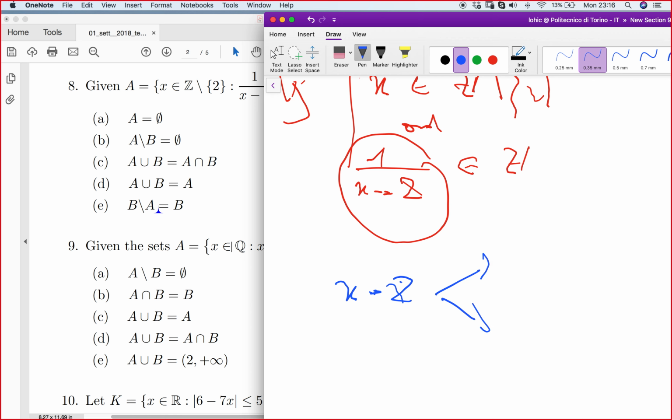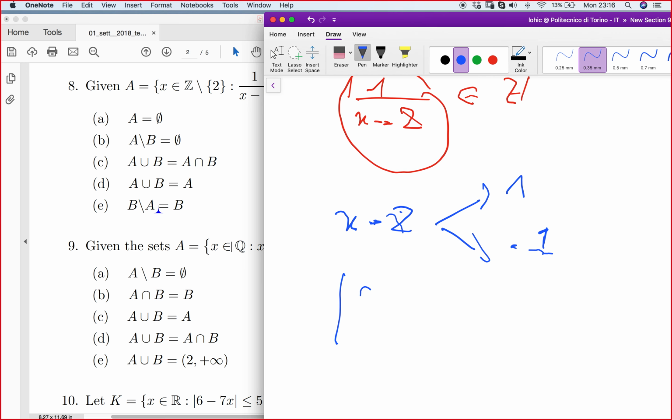Keep in mind that you have 1 at the numerator, right? What is the only number that divides 1? x minus 2 can be 1 or minus 1. This means we get the condition that x minus 2 is equal to 1 or x minus 2 is equal to minus 1.